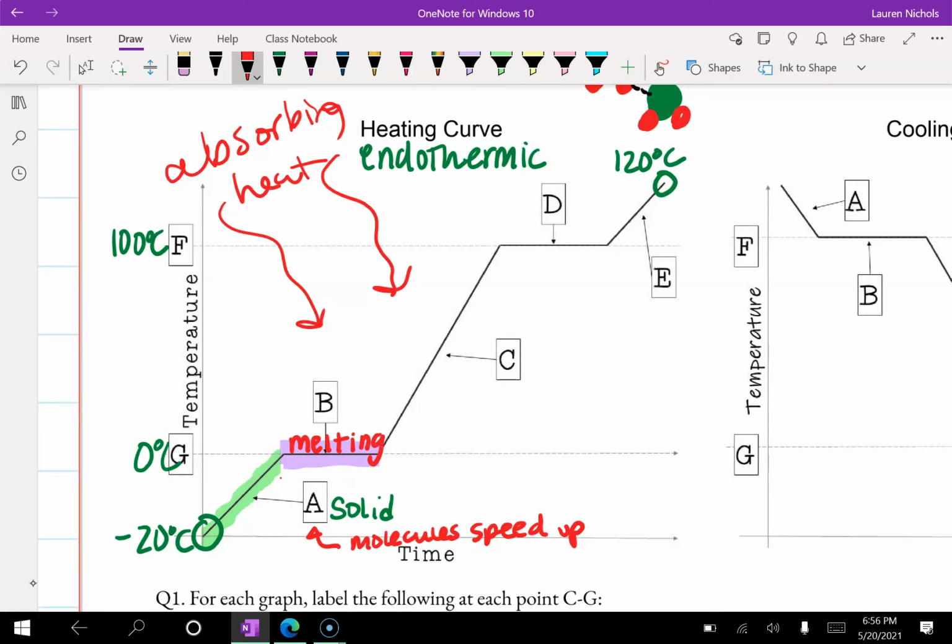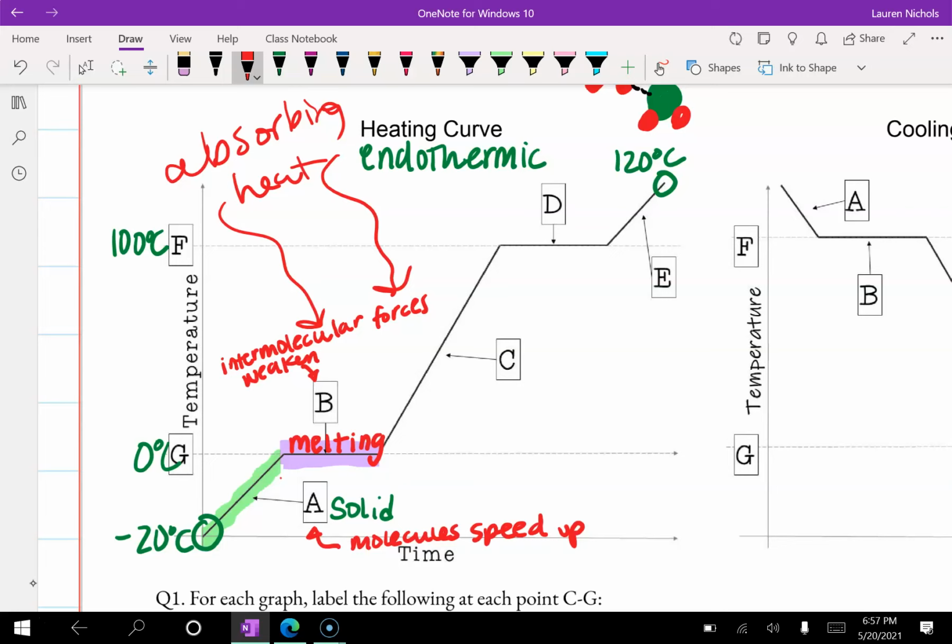So here we have the process of melting. And so this means at this point that your intermolecular forces, or IMFs, which I'm going to use from now on after I write it this one time, are starting to weaken. And that's what allows the molecules to kind of spread out and give that melting look.